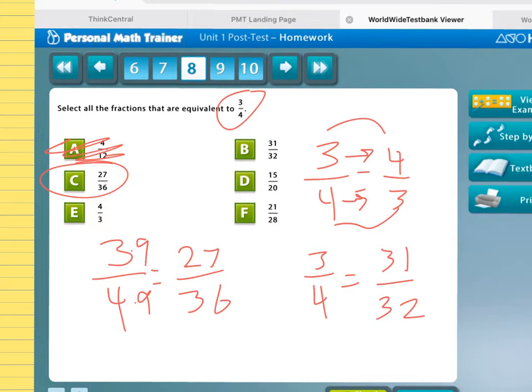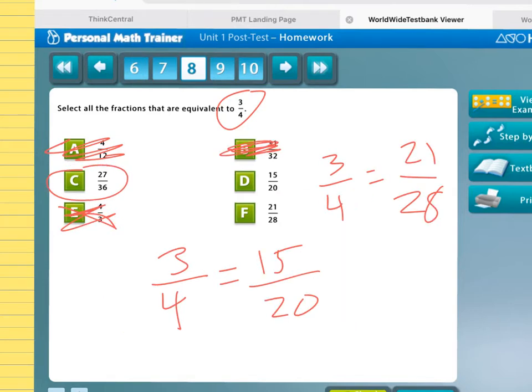There's nothing you can multiply numerator and denominator by to get that number, so that's out. And B, 3/4 equals 31/32. No, because 8 times 4 is 32, and 8 times 3 is 24, so that doesn't work, so that's out.